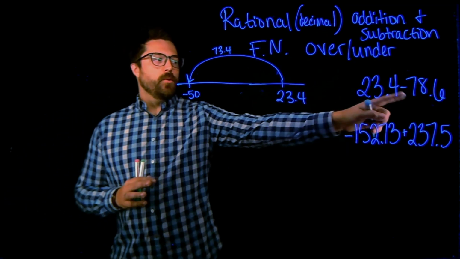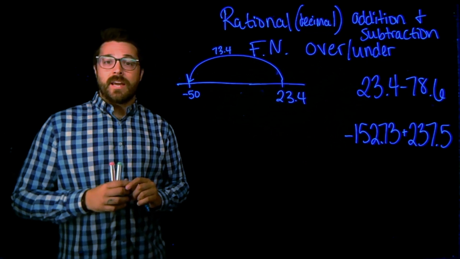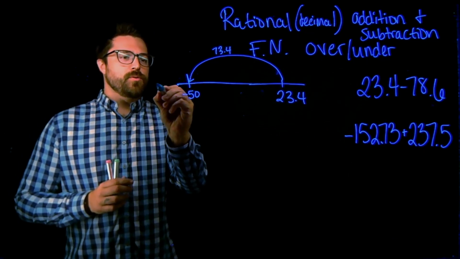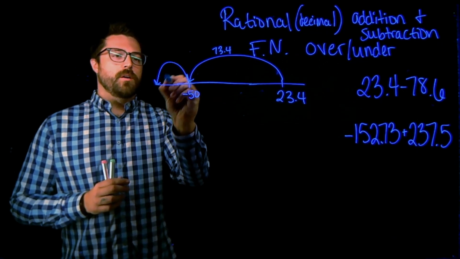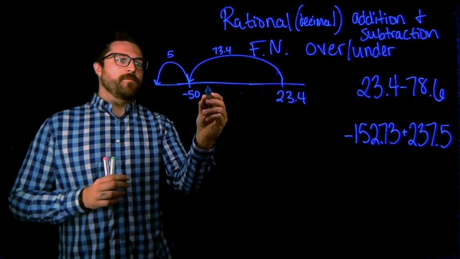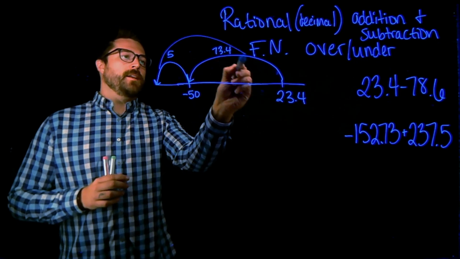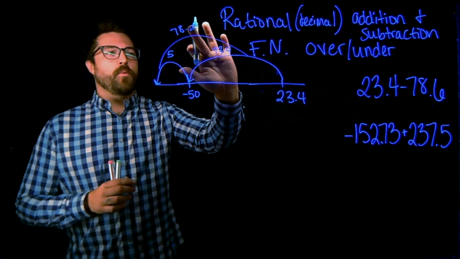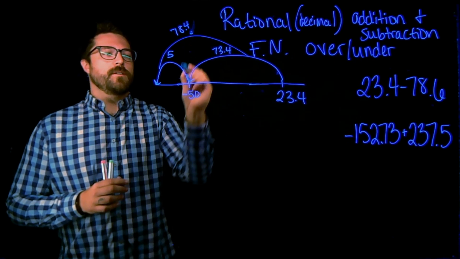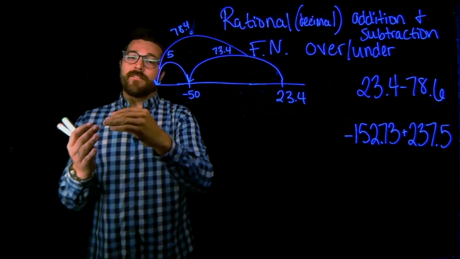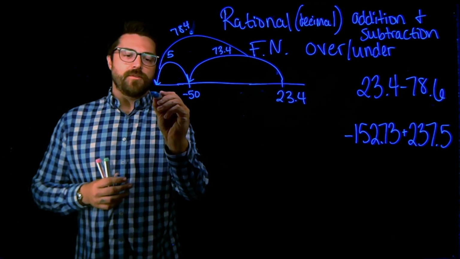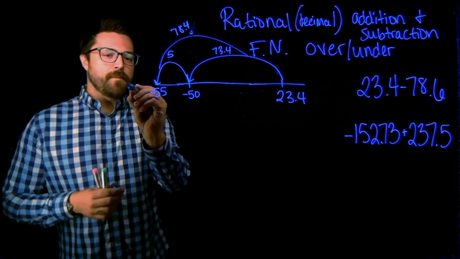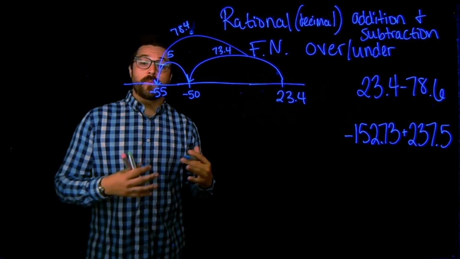I'm going to get a little closer to 78.6, and so I'm going to go ahead and subtract 5 more, because if I combine these two things together, that will give me 78.4, which gets me a lot closer. And if I subtract 5 more, if I go 5 further to the left of negative 50, that gives me negative 55.